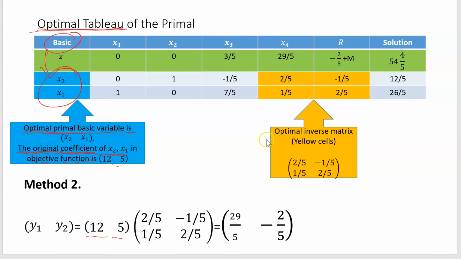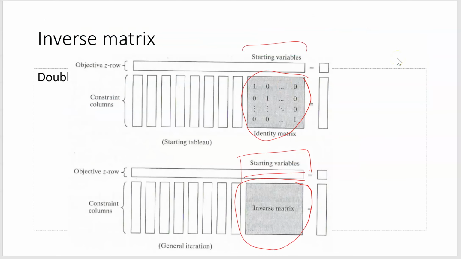And then you find the optimal inverse matrix. The inverse matrix is the matrix under the starting variables.